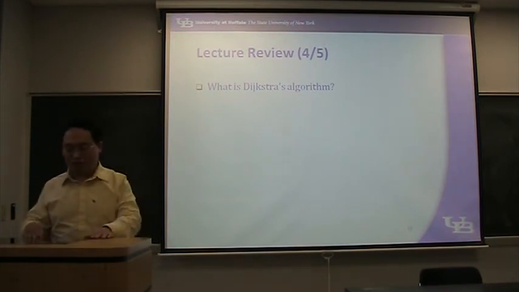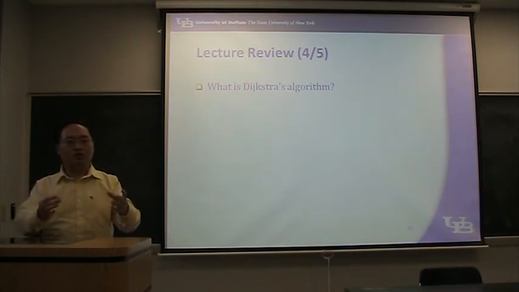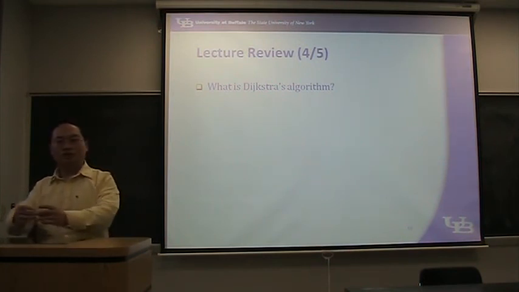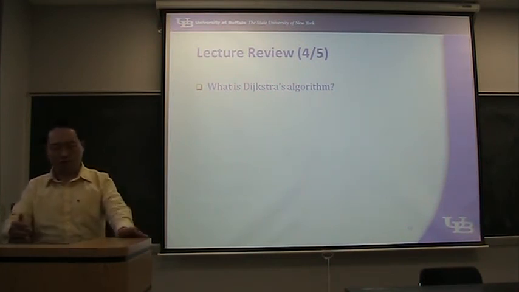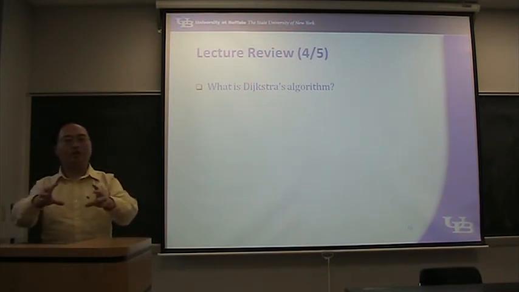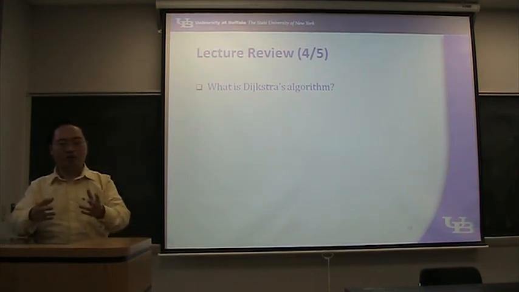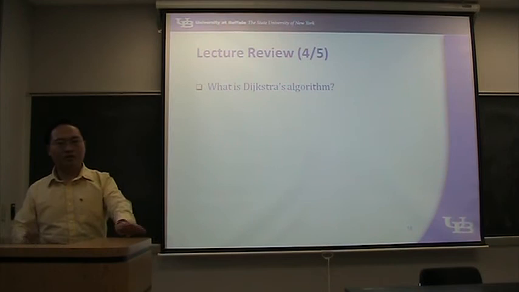So this is the key point. And for example, if I ask you to continue the current shortest path search, you should be able to do it. So I have an ongoing shortest path search. Then what's the next step, and what's the reason for that?